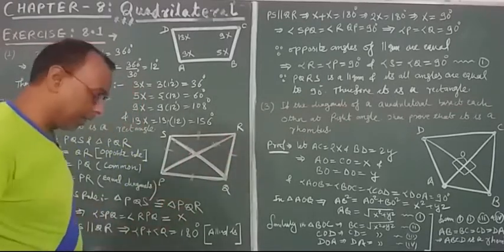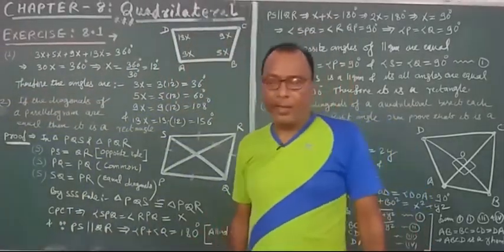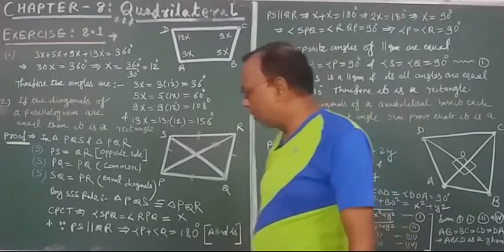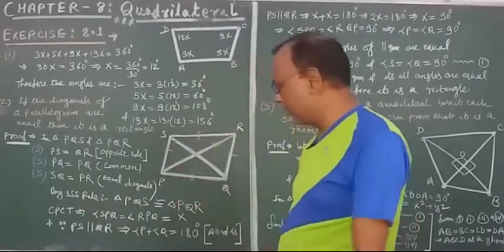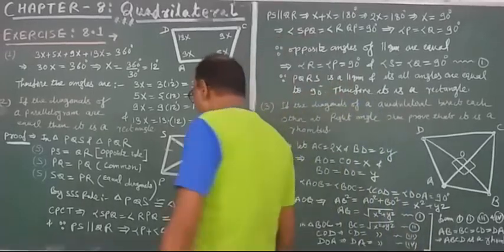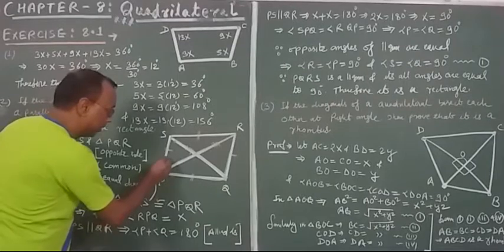These two triangles are congruent by the SSS rule. Now CPCT: if these two triangles are congruent, then which angle is equal?